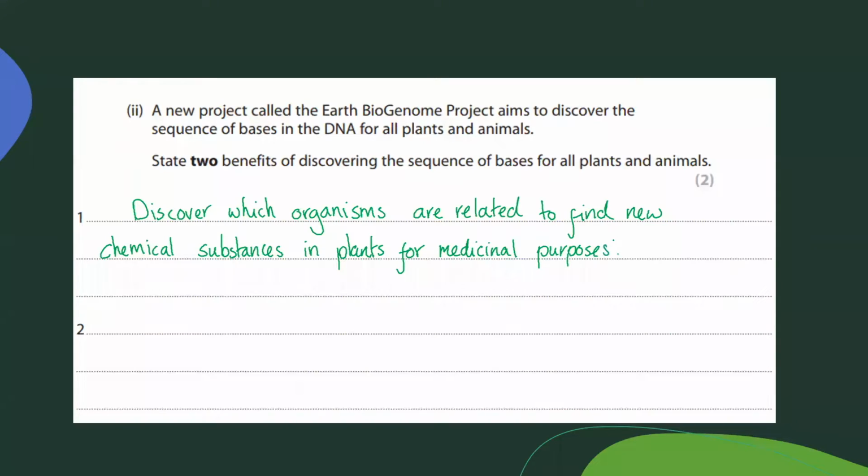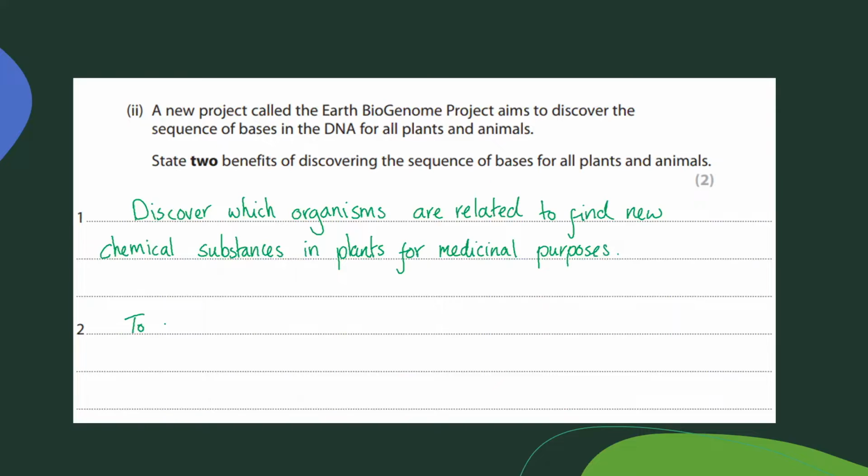So, for example, if you've got a plant that can treat a specific illness, then plants that are related to it by the genome might also help with that similar illness, or maybe even better, because someone's found it. That's actually why they do genetic sequencing of lots of plants. 2 benefits, okay, so plants and animals.